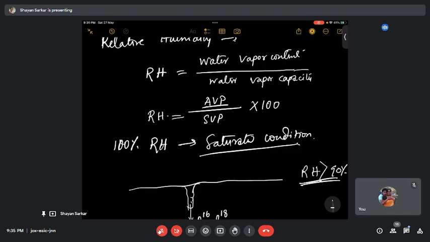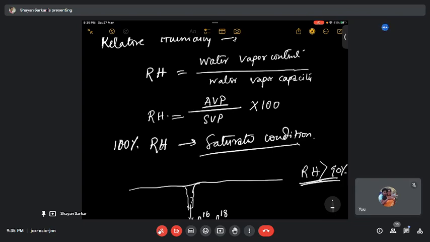Suppose in a condition we are simply increasing the water vapor. How can we increase water vapor? Suppose you are in a closed room, continuously boiling water, and the water is evaporating, right?